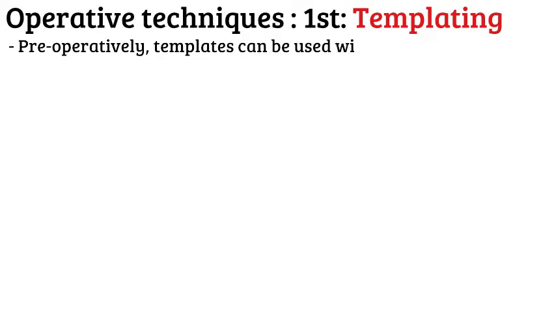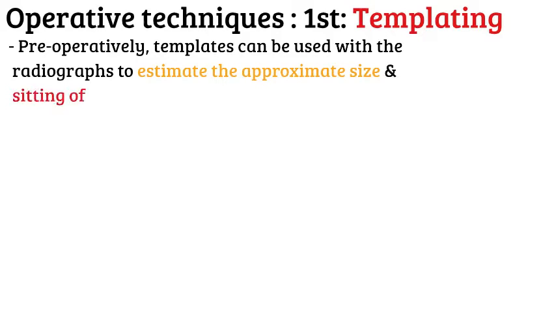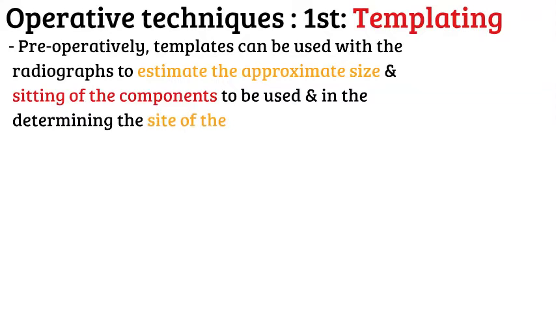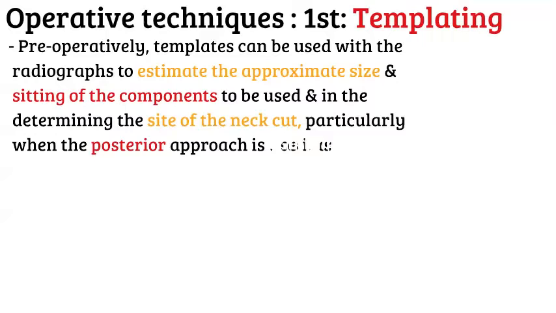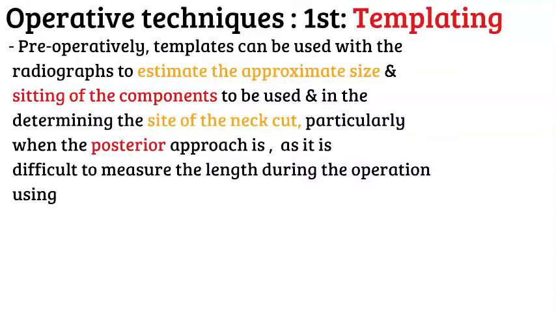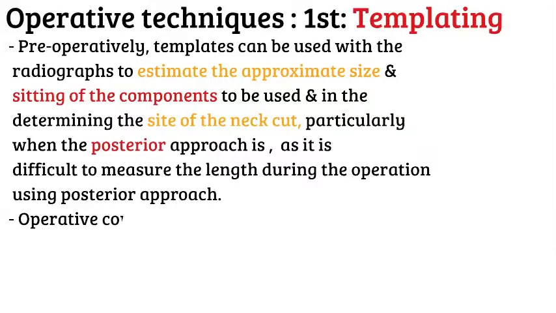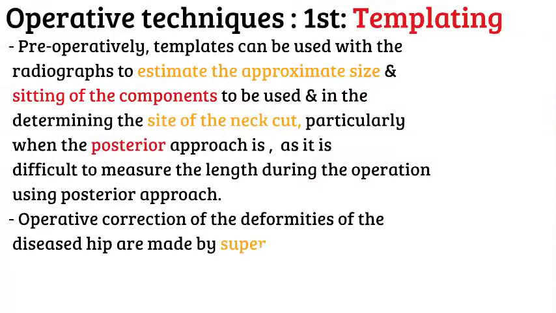Pre-operatively, a template can be used with the radiograph to estimate the approximate site, size, and seating of the components to be used, and to determine the site of the neck cut, particularly when the posterior approach is used, as it is difficult to measure the leg length during the operation using this approach.